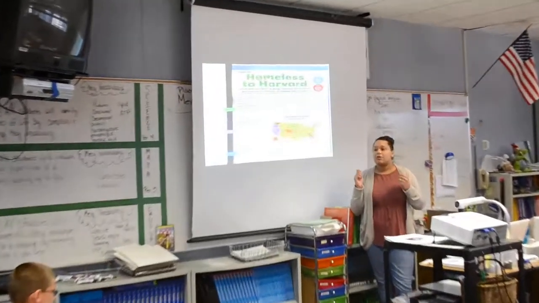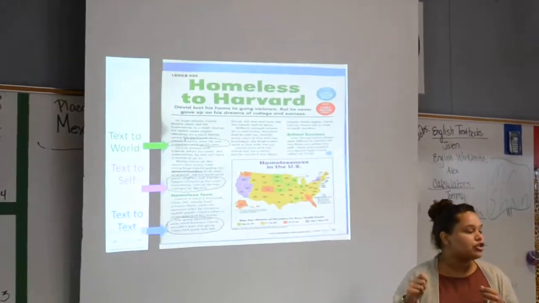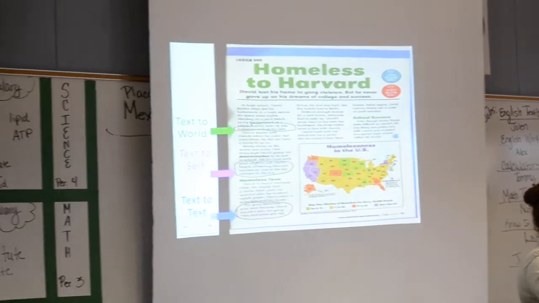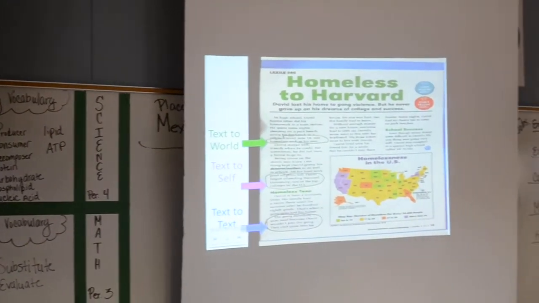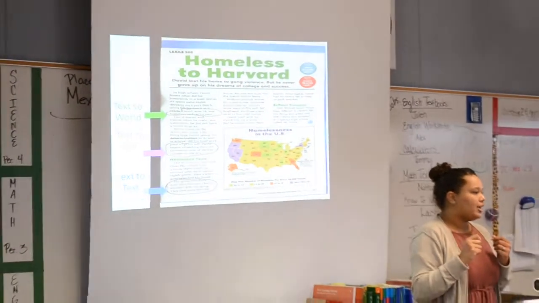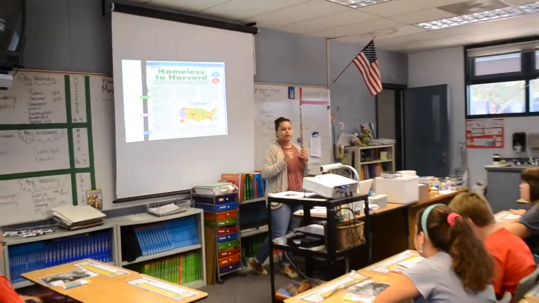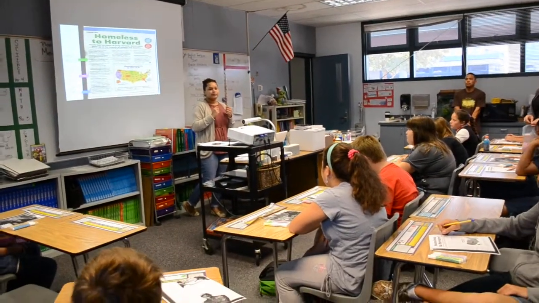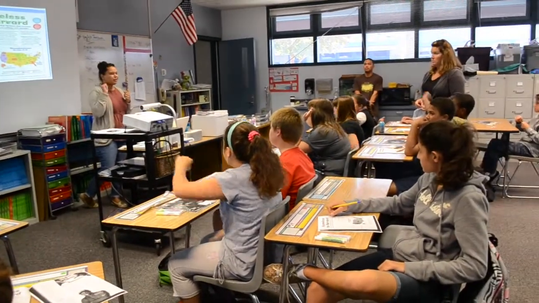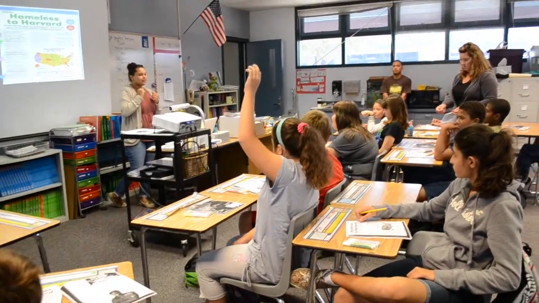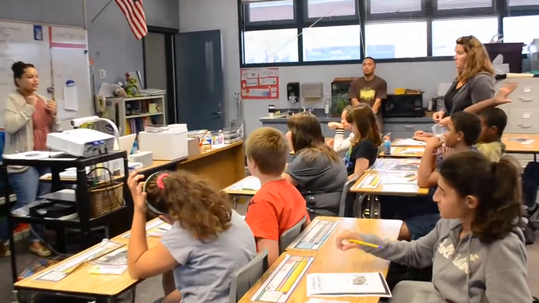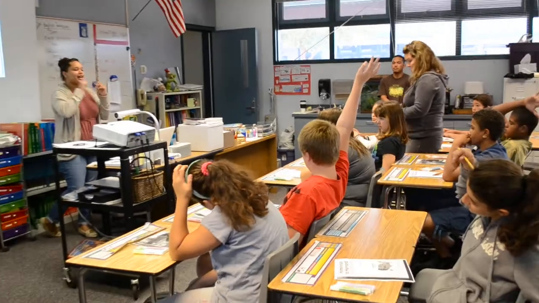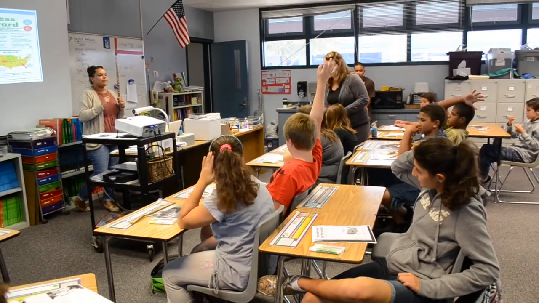Annotating just means to mark up the text. It means to circle, to highlight, have question marks, star important information. Has anyone annotated before when they've read? Raise your hand if you've annotated before. Can you tell me what you've done before? Like highlight or underline. So what do you highlight? Do you just highlight anything? Like the important information.